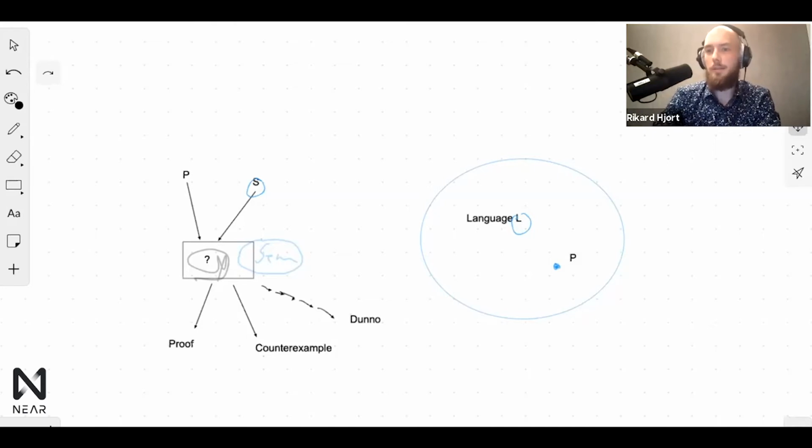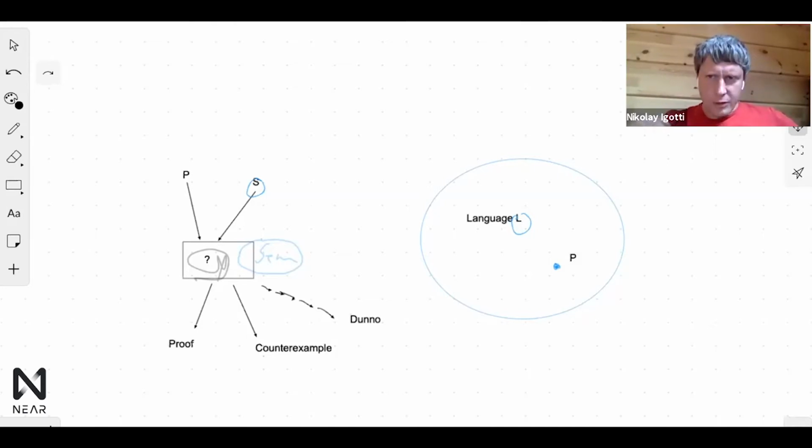Yeah, that was exactly my point. So on different layers or levels of the language, there are different rules. On the lowest level, there are pretty much the syntactic rules of the formal language.